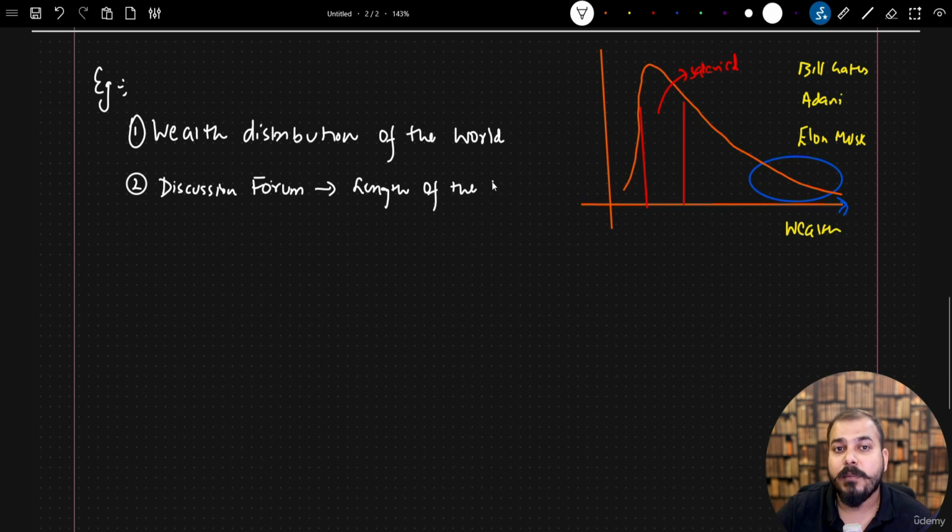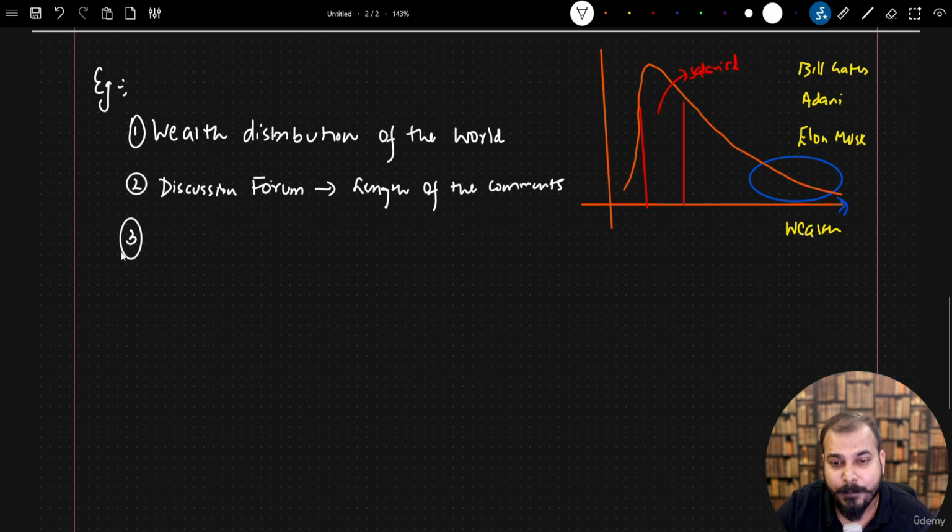Many people write very small comments, an average number of people write medium-sized comments, and very few people write very long comments, where they are explaining or discussing something. So the length of comments in a discussion forum usually follows a log normal distribution.